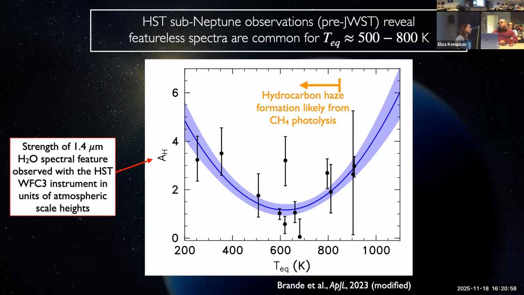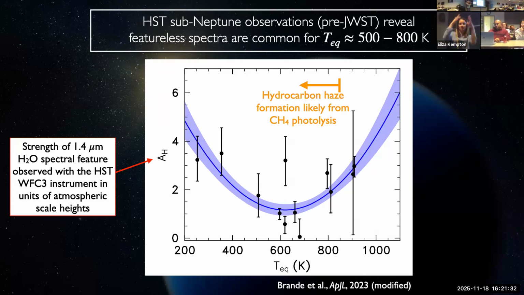The other point I wanted to make was that this trend makes sense if you think about what could be forming the aerosols. You would expect thick aerosols over this temperature range if the aerosol is a hydrocarbon haze formed by initial photolysis of methane, which then makes higher order hydrocarbons.